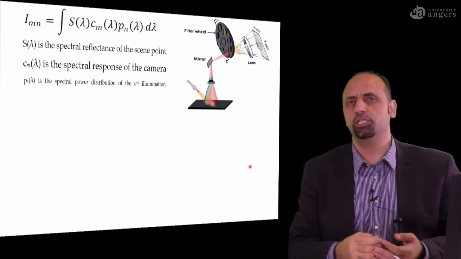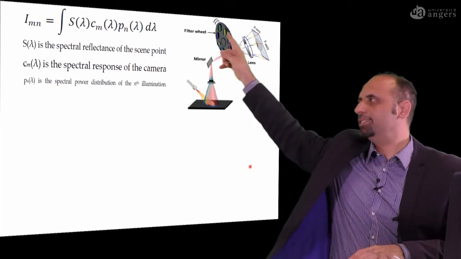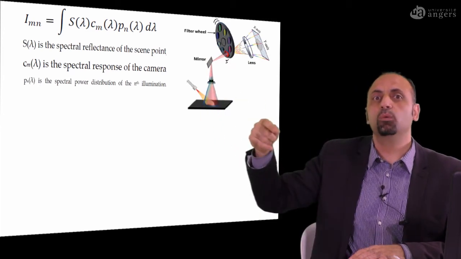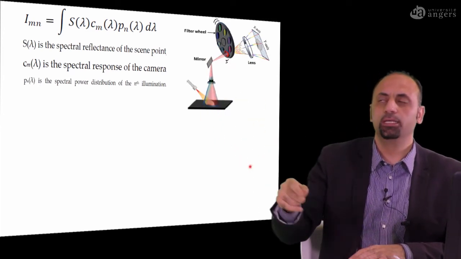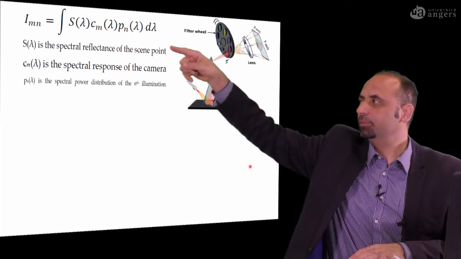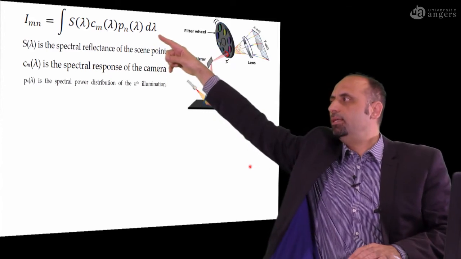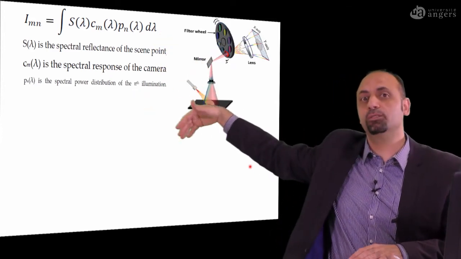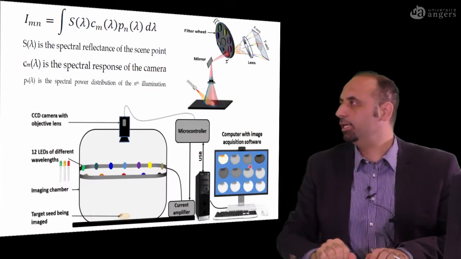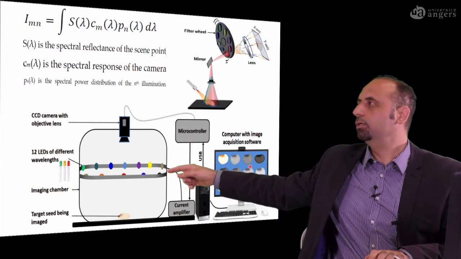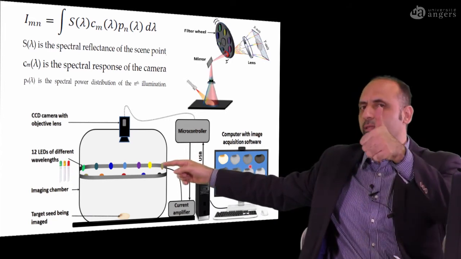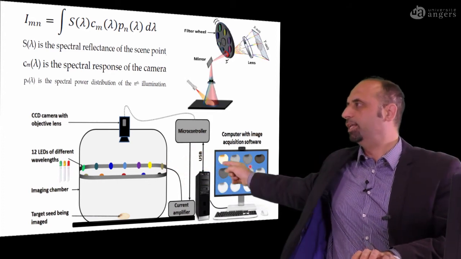So what is the illumination-based system? Instead of using a filter wheel, we are going to use different wavelengths of illumination. For this part, we need to replace the different filters with different illumination wavelengths, and the other parts should be constant. So this is the theory of the illumination-based system. As you see here, we need to operate only one light at one wavelength and then acquire one image.